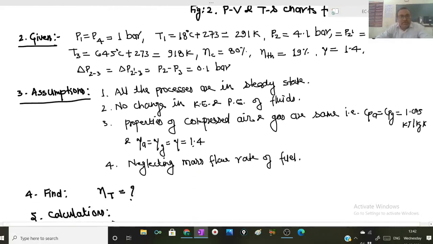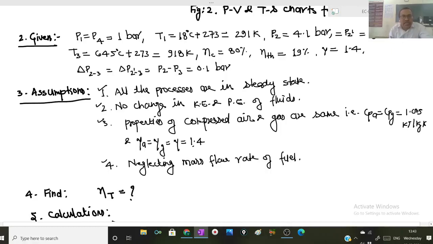Now we have to make some assumptions. Assumption number 1, all the processes are in steady state. 2, no changes in kinetic and potential energy of the fluids. 3, properties of compressed air and gas are the same, that is, specific heat for air and gas are the same, let's say 1.005 kilojoule per kg Kelvin, and gamma of air is equal to gamma of gas is equal to 1.4.